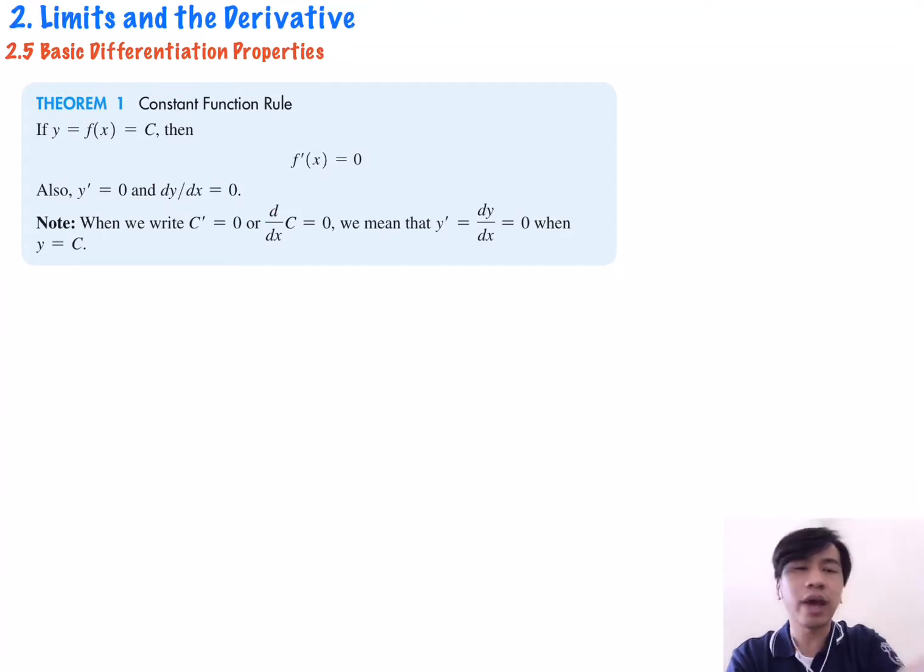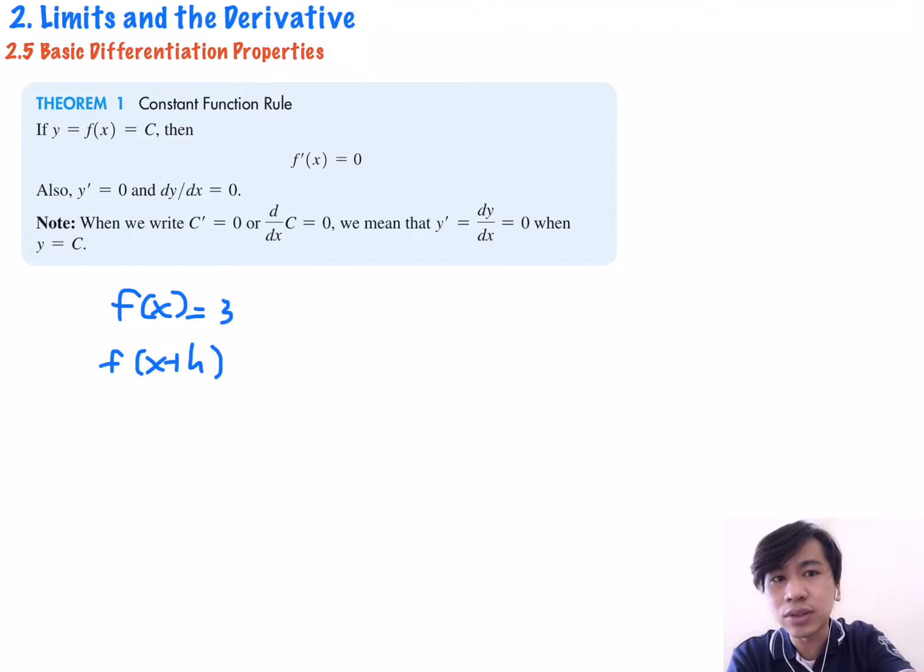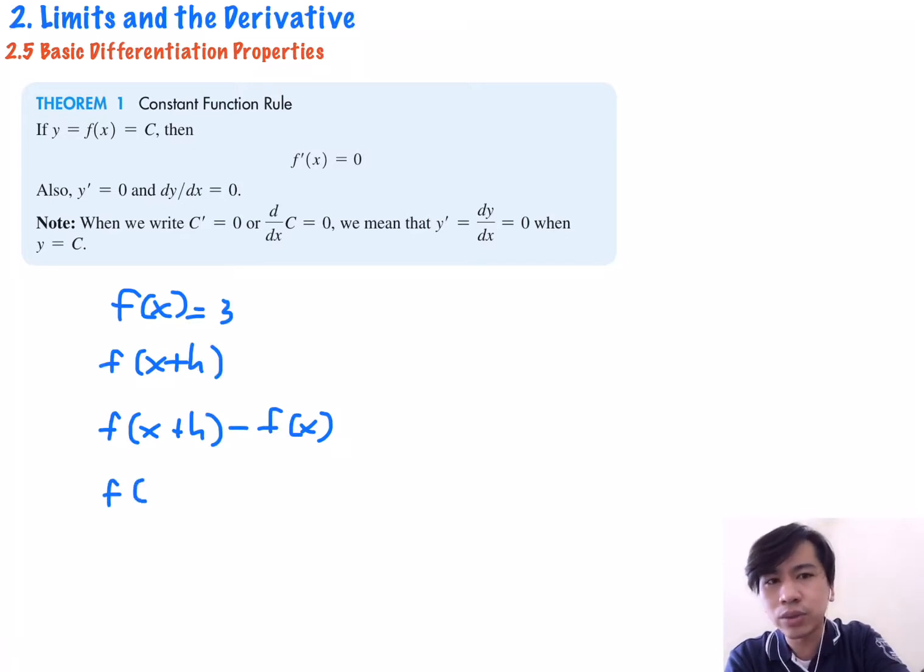Now consider f of x equal to 3. In the previous sections, we learned how to find the derivative of f of x. We first find f of x plus h, then subtract f of x, and then divide by h.